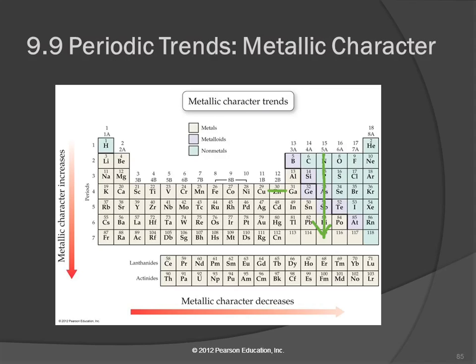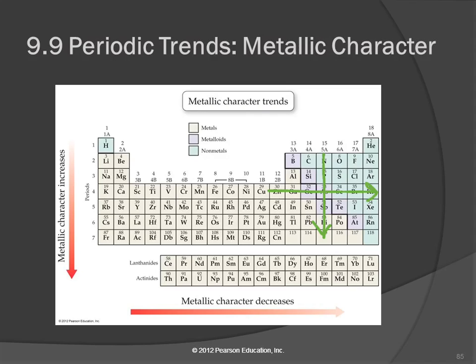So the trend as you go across here, is it getting more metallic or less? Less. Okay? So it should be fairly simple to pick out the trend in metallic character, even from a blank periodic table like this, recognizing this stair-step line is the division between the nonmetals and the metals. As you're going across, are you going to metals or nonmetals? There's the trend.